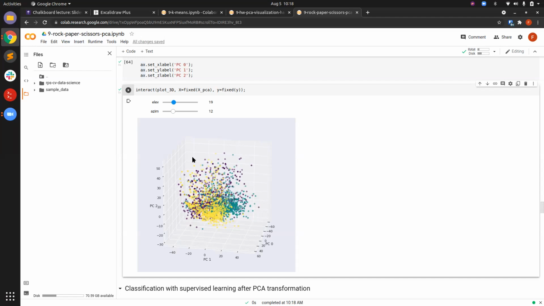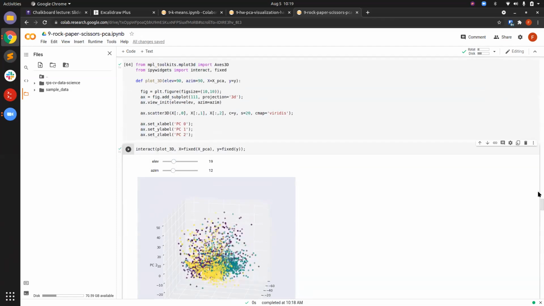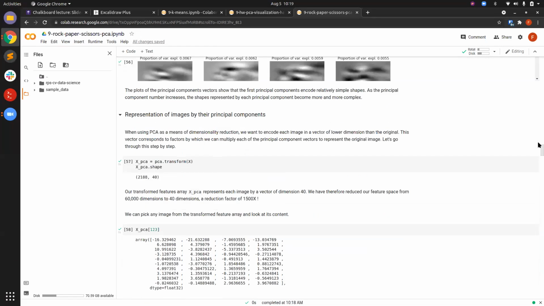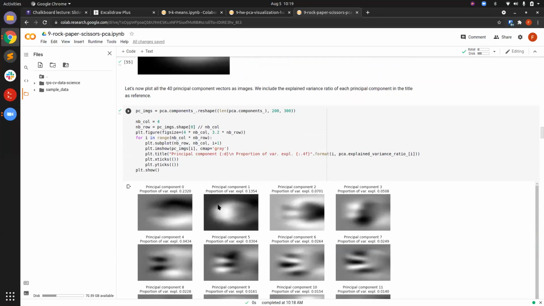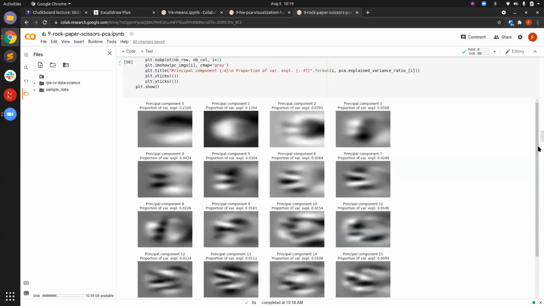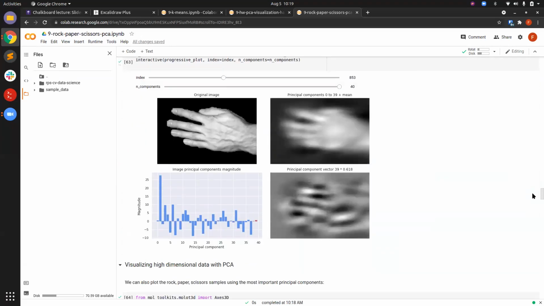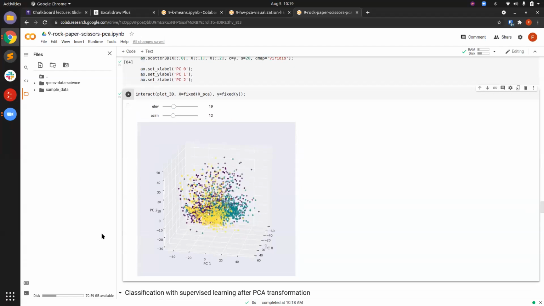But we can still see some variation between classes along these principal component axes. For example, we previously said that the paper gesture is more likely to have writing in this part of the image. So principal component 1 becomes much more important for the paper gesture. So we can see some measure of that here.